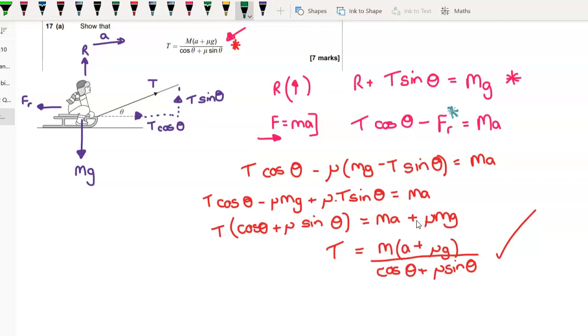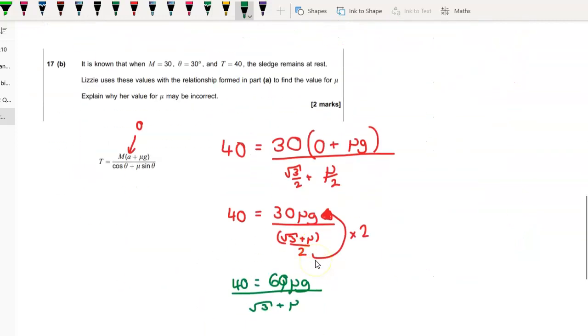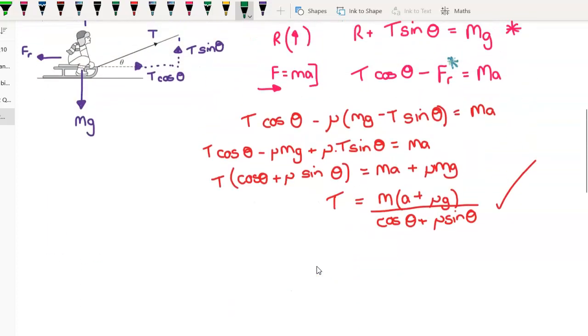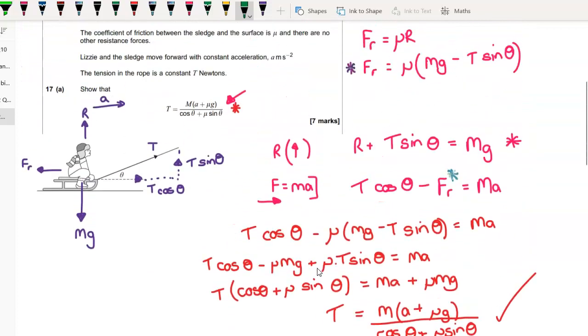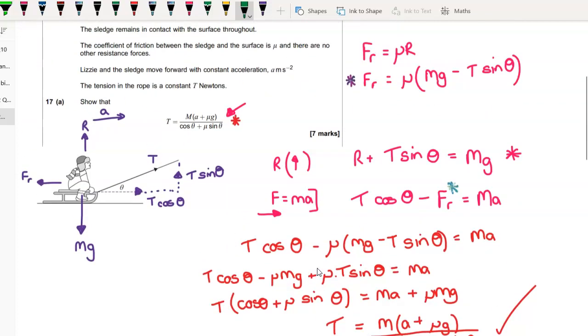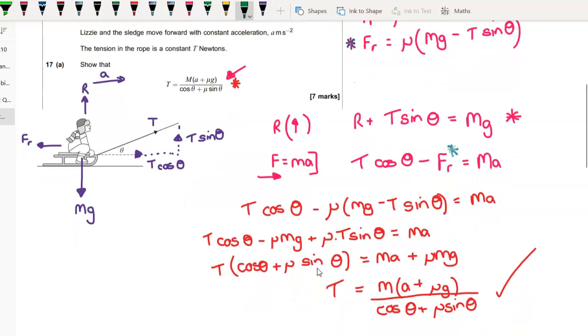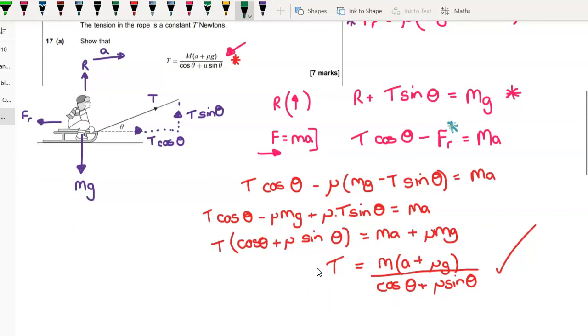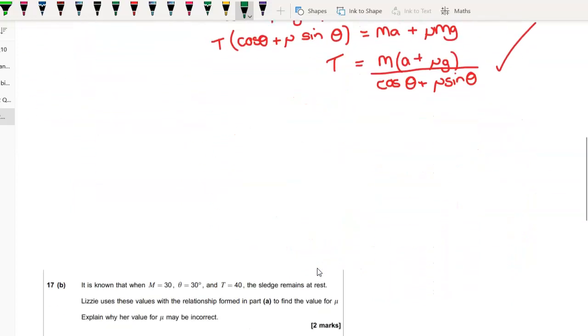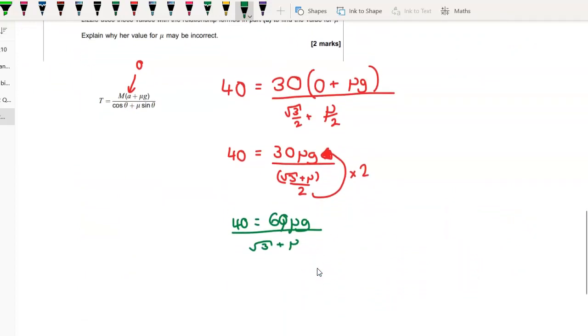T cos theta would be 40 root 3 over 2, which is 20 root 3. So 20 root 3 minus, is the frictional force going to be bigger? Anyway, I'll keep going with what I'm doing, because that would be the first thing that I would try and do. So 40, sorry, that 40 isn't over root 3 plus mu, is it?